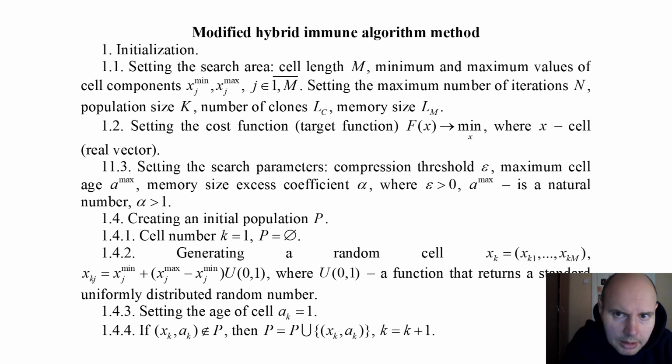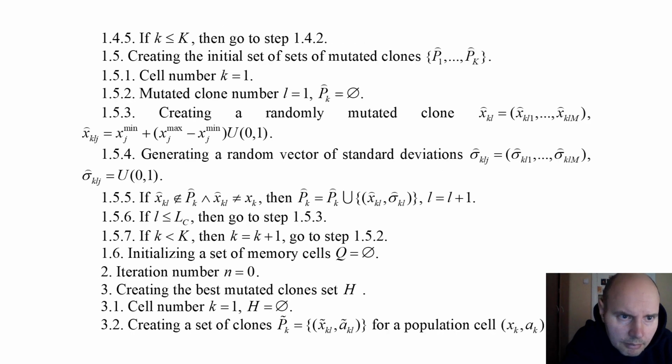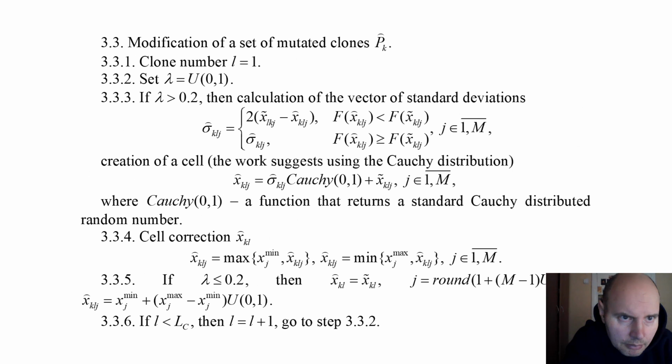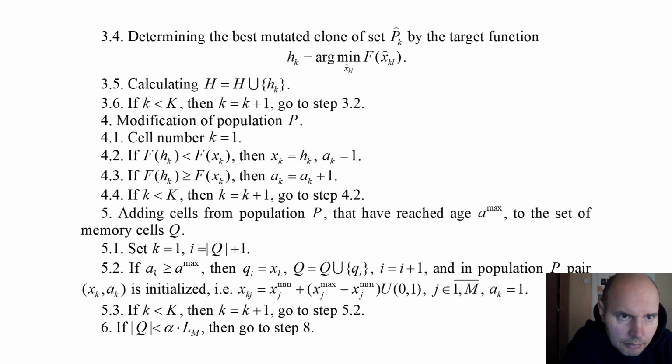Modified hybrid immune algorithm method. Initializing. Iteration number. Creating the best mutated clones set based on cache distribution. Modification of population.